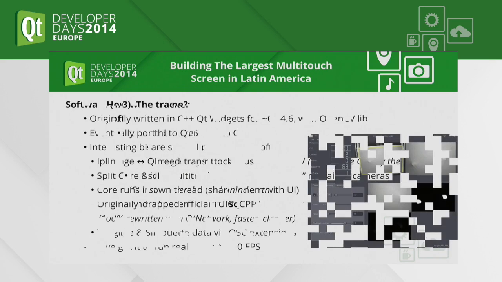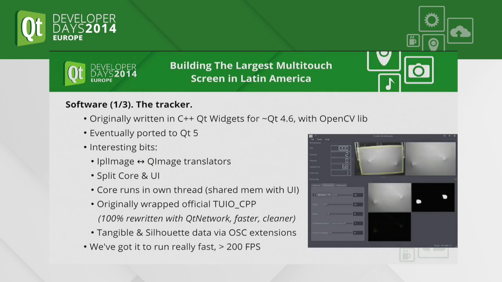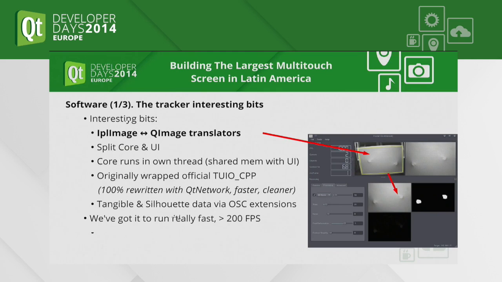But let's dig a bit more into this. This is our tracker. It was originally written in Qt widgets with Qt 4.6 with OpenCV. This is the main window. And eventually it was ported to Qt 5. It has some interesting bits in it because I don't know if you know machine vision.